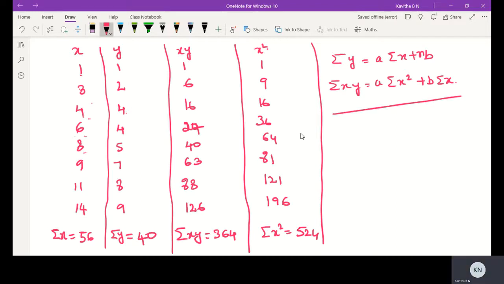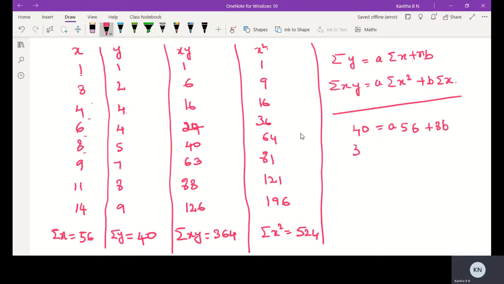Summation of y is 40, and summation of x is 56. Then n is 8. A and b we need to find.